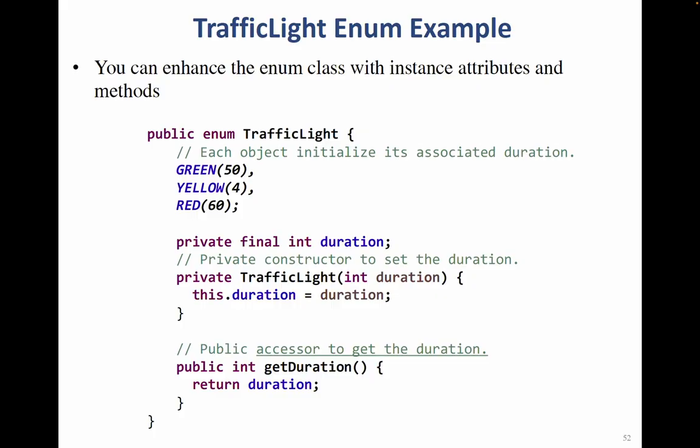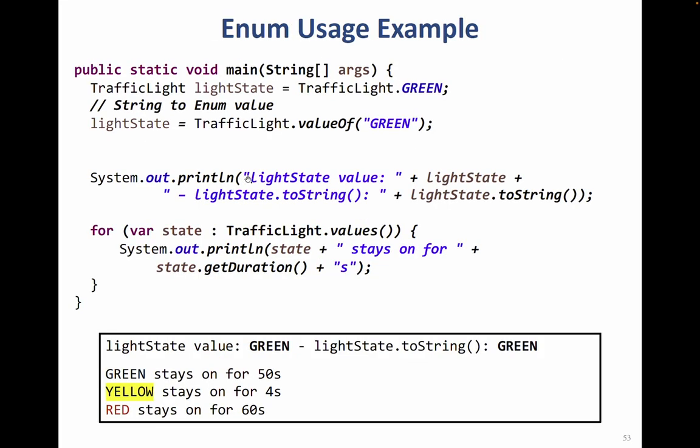Yes, please. The variable is private, so how do you access it, like with the get all values? Duration is private, but I have a public function, get duration. When you go to the next slide, when you show the code, you did traffic light dot value or dot values.